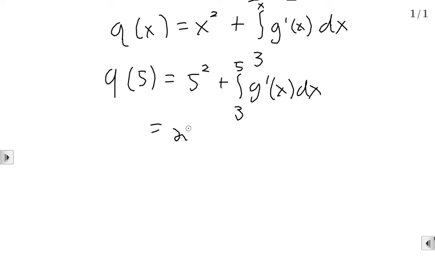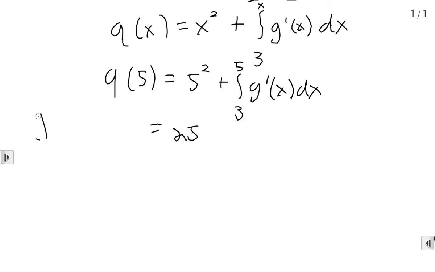5 squared is 25. I know that. But it's g prime that we're integrating, so we're going to use g as its antiderivative. So we're going to use g of 5 minus g of 3. If you said q of 5 minus q of 3, that puts you in a circle, because find q of 5 is the goal of the question.